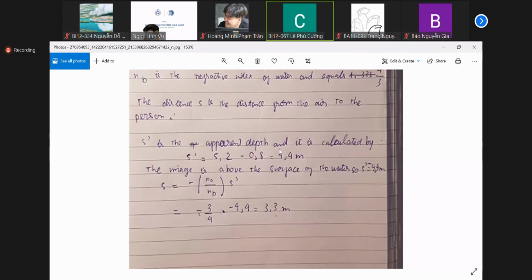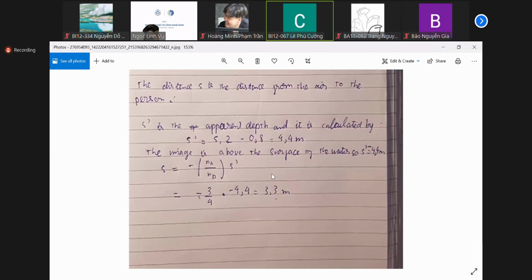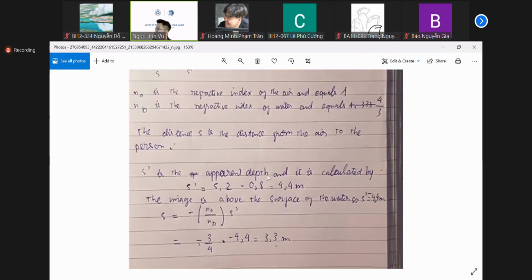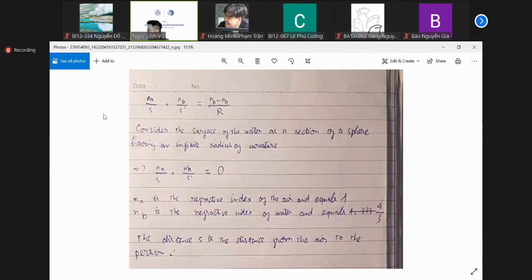And after we replace the number into the formula, we will get S equal to 3.3 meter, and this is the actual height of the diving board above the surface of the water. That's correct. 3.3 meter above the water. All right. Thank you. That's great.